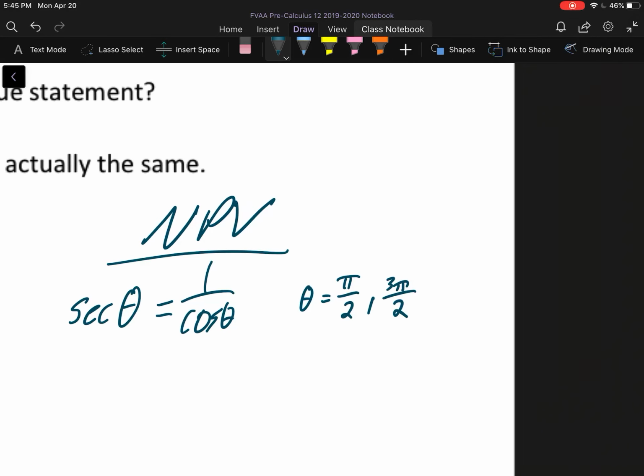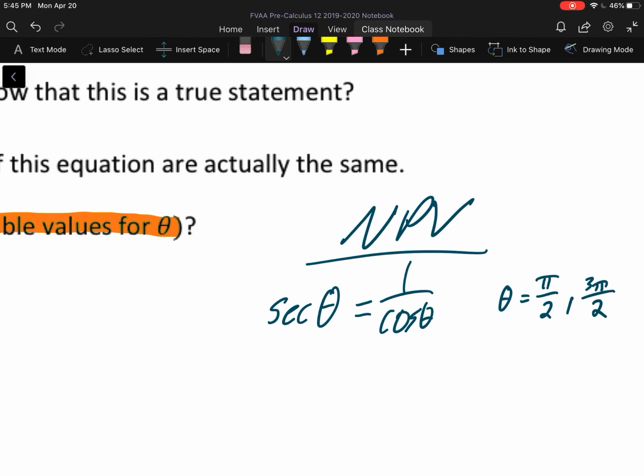All right. What about the other side? We said tan theta over sine theta. So here, where would sine theta be equal to 0? Because if sine theta is equal to 0, if my denominator is equal to 0, then my whole expression is undefined.